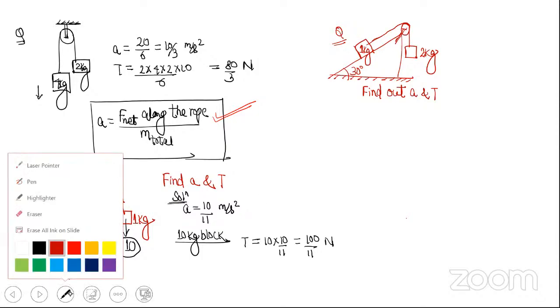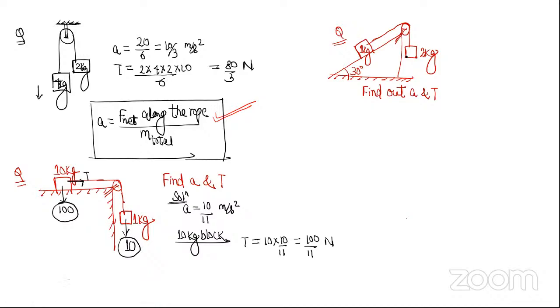So let me solve it. This side gravitational force acting is 20. This side gravitational force acting is 10. But now this angle is 30 degrees, so its component in this direction will be 10 sine 30, that is 5.